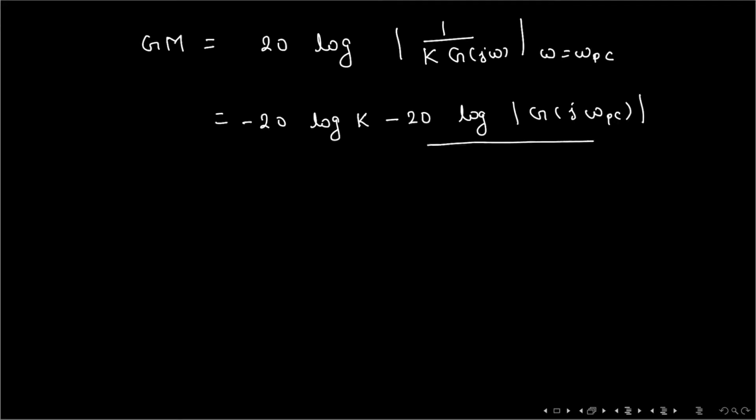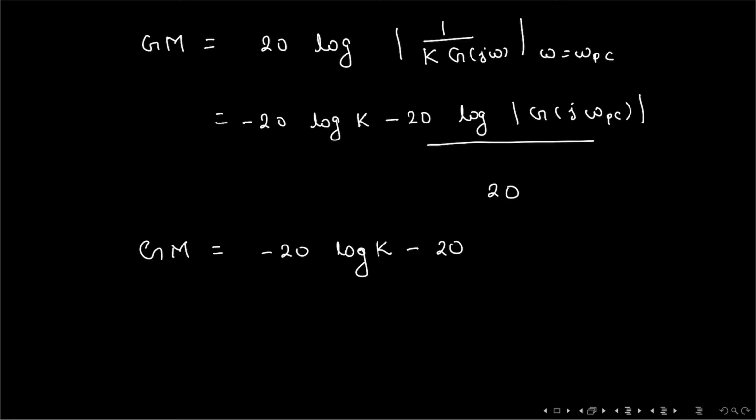From the plot we have seen that this is equal to 20. So gain margin is equal to minus 20 log k minus 20.